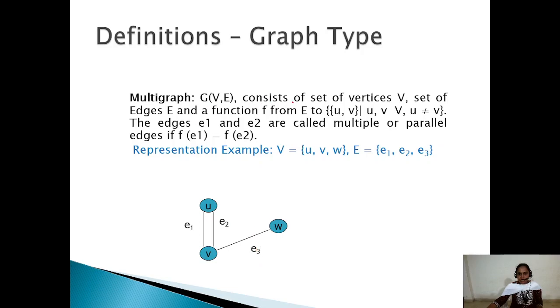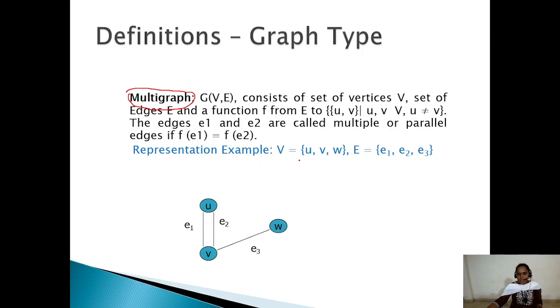A multigraph consists of a set of vertices V, a set of edges E, and a function f from E to u comma v, u not equal to v. The edges E1 and E2 are called multiple or parallel edges. It means U and V are joined by two edges, E1 and E2. These are the parallel edges, also known as a multiple graph.